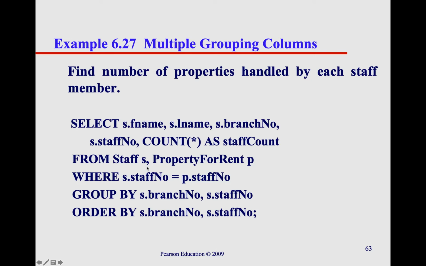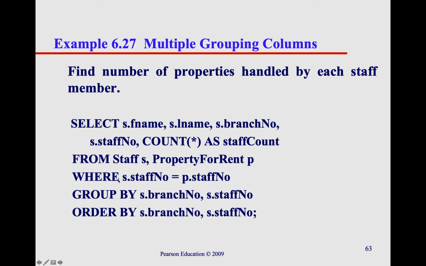So in order to do that, I actually need to do a join. So I can group by the branch number and the staff number. So that is going to group all properties that each staff member manages. And that will allow me to count them.